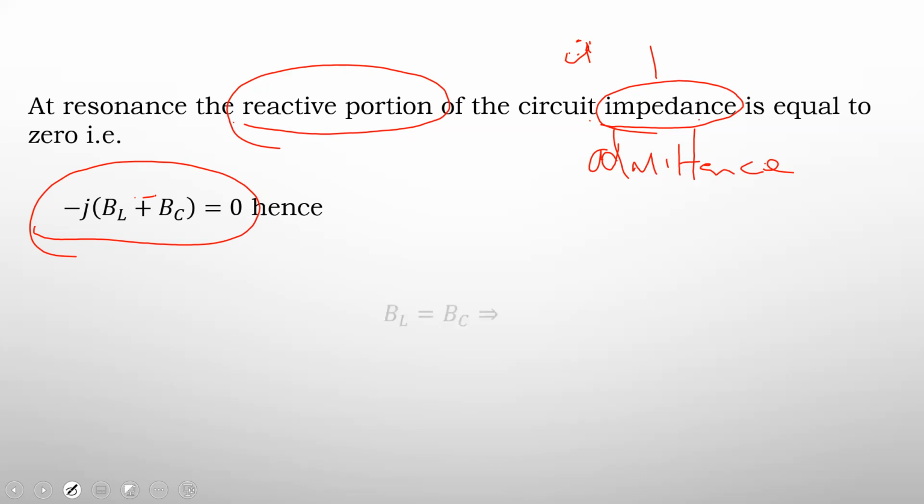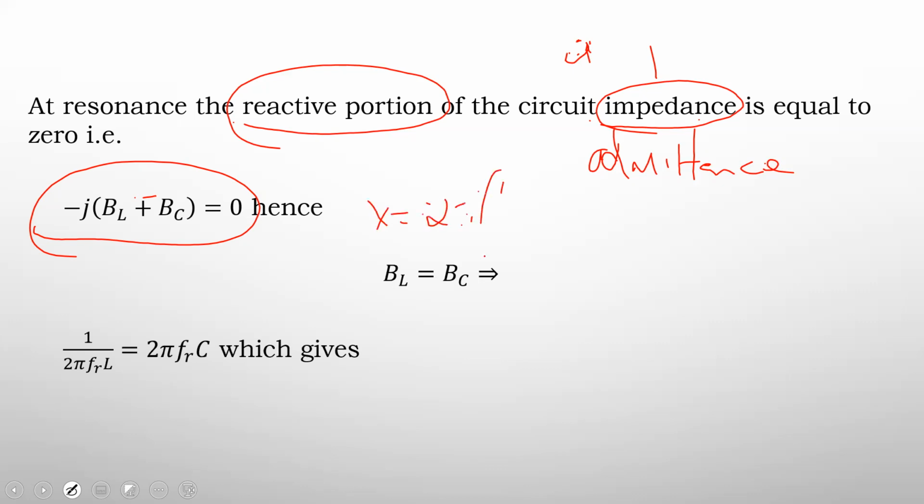If we simplify that or make the necessary substitutions, BL, remember now, XL would have been 2 pi FL, all right? So it means that BL would be 1 over that. BC would be 1 over 2 pi FC. So it means that 1 over that would be 2 pi FC. All right? So it means that BL is equal to BC.